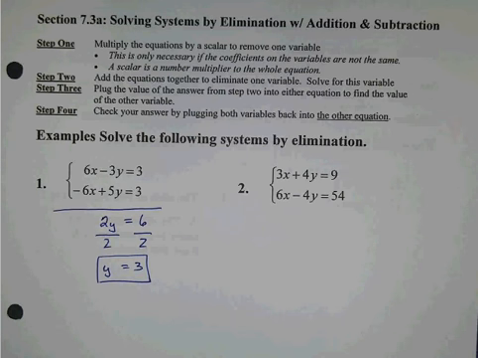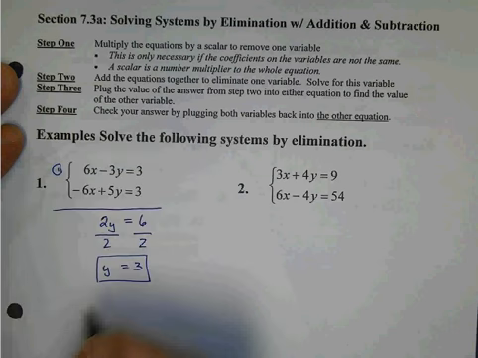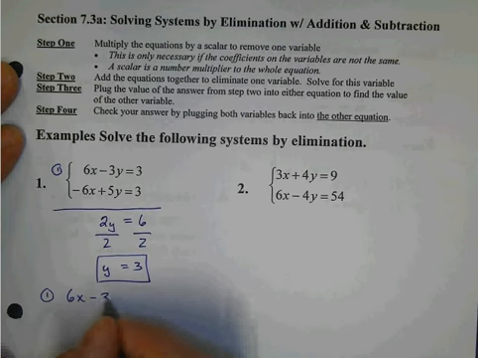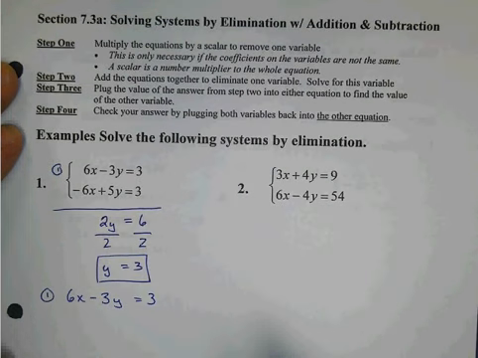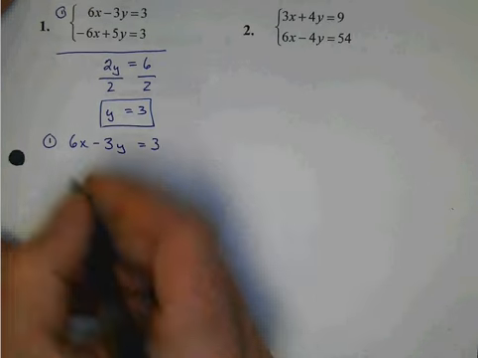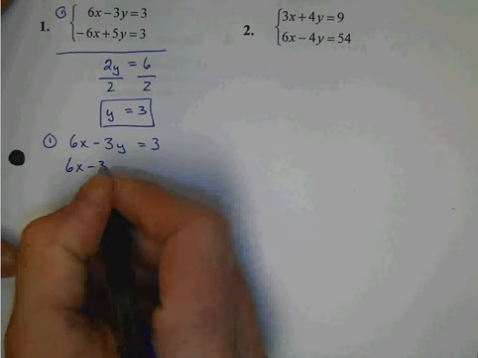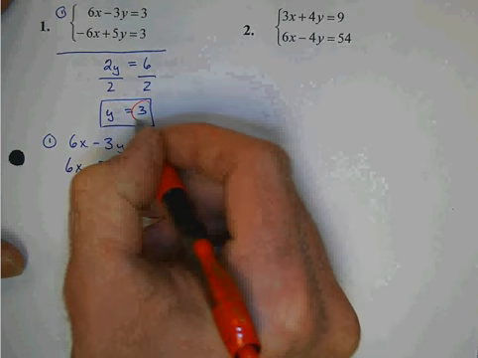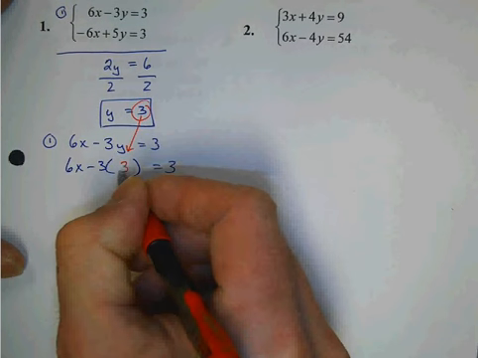Which equation would you prefer to plug it in? The top one or the bottom? Grace, you say the top one. Can you give me a reason why? Okay, so I'm going to write down the top equation. 6x minus 3y equals 3. In place of that value of y, I'm going to put a parentheses, and I'm going to stick in my value from right there. 3.